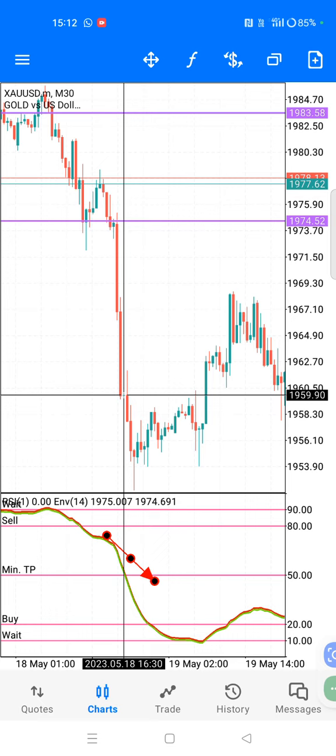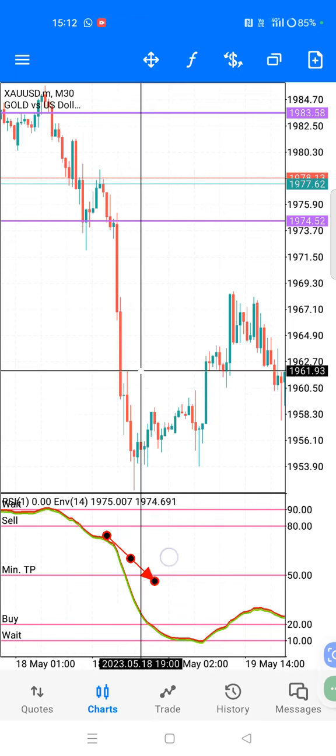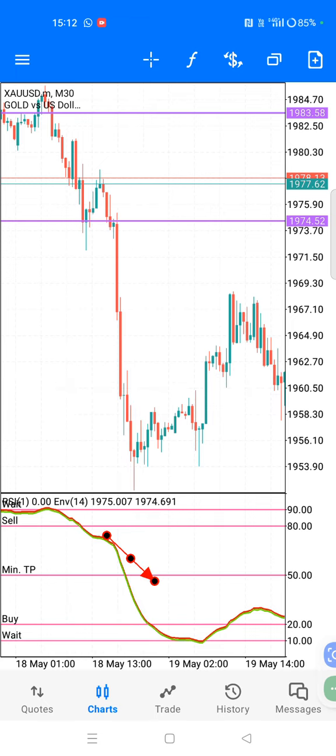So for you to play safe, if you have a big capital, let's say you deposited $10,000, and you trade one lot. If you're happy with 10 pips, 20 pips, it will earn you $100 to $200, or $1,000 to $2,000.